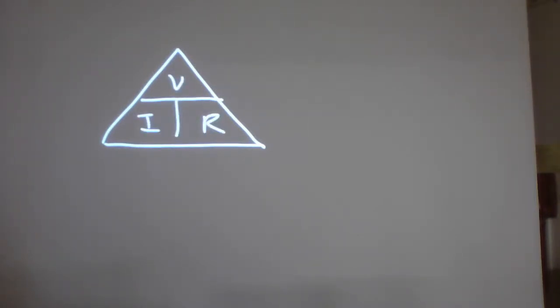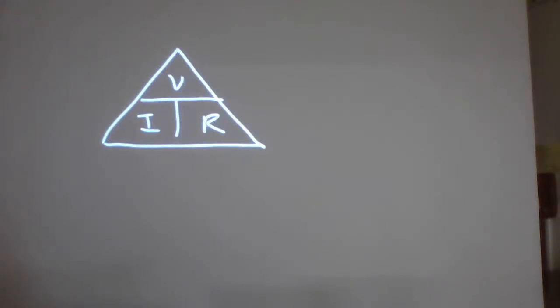If you wish to calculate R, looking at what's left over, if you put your thumb on R, you can see that the resistance is voltage divided by current. If you put your thumb on the current, you can see that the current is voltage divided by resistance.